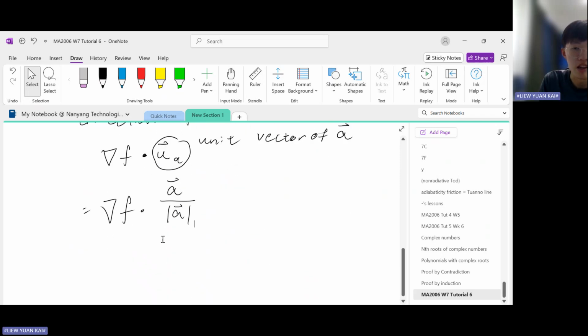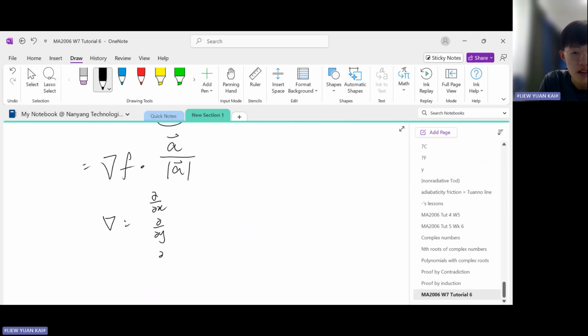Okay, so what's the logic behind this? Remember in the last class, we defined nabla to be a column vector containing partial derivatives in each direction: partial derivative x, partial derivative y, then partial derivative z in the x, y, z entries respectively.